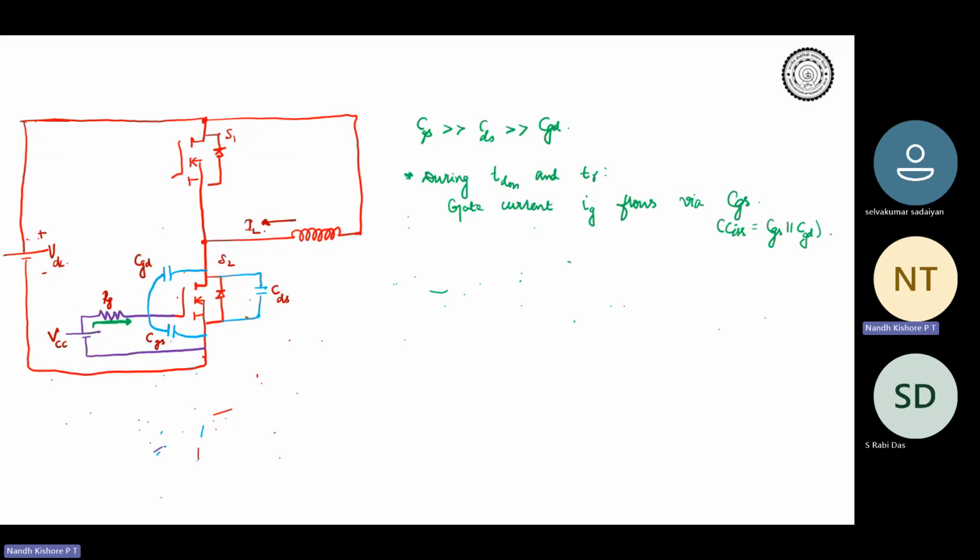The reason we were able to tell this was that during TD on and TR, you saw that VDS doesn't change. That means dVDS/dt is 0. But let me redraw this circuit over here.